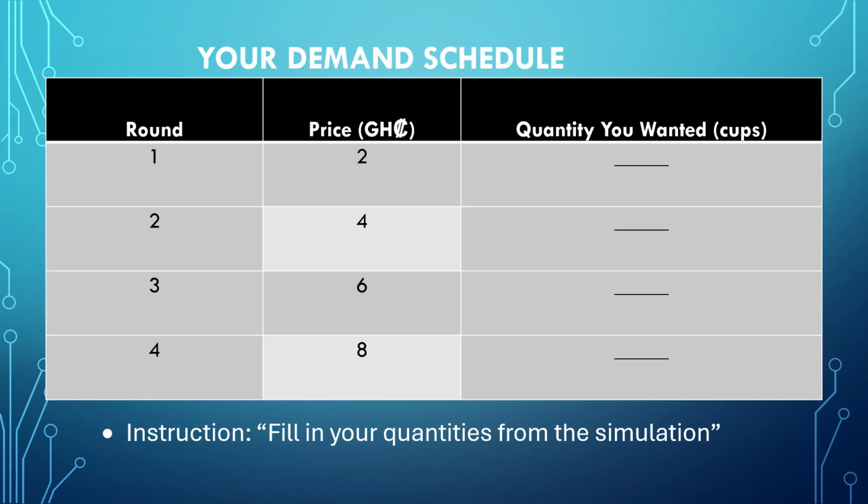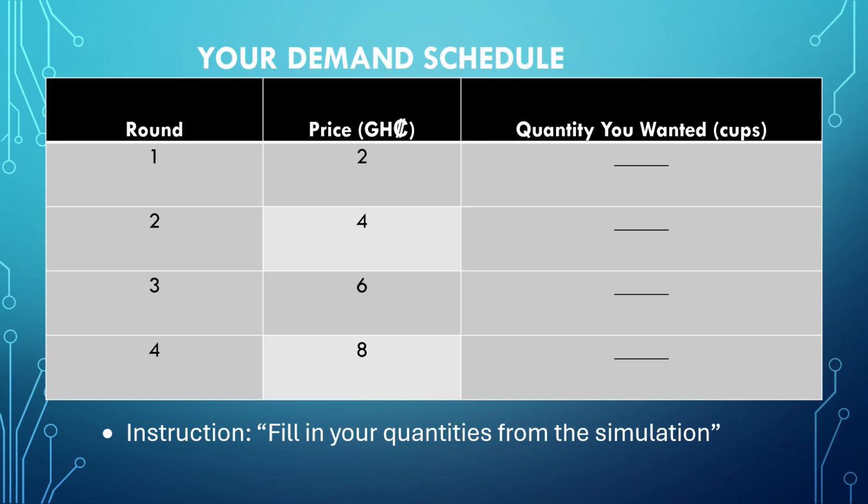Now let's create your personal demand schedule. A demand schedule is simply a table that shows the quantity you wanted to buy at each price. Look at this table on the screen. It has 4 rows, 1 for each run. In the first column, you see the run number.